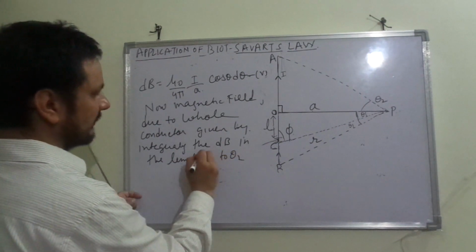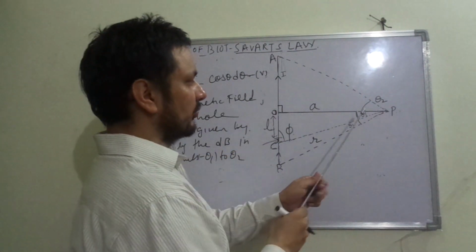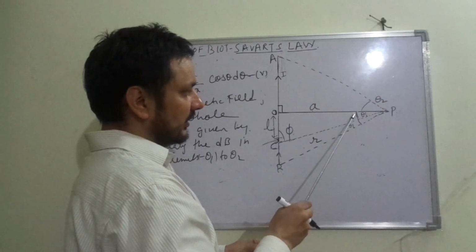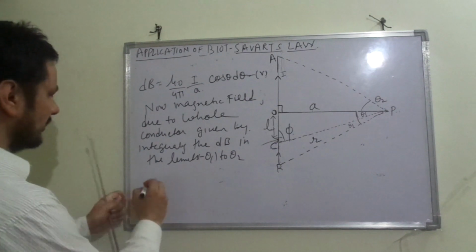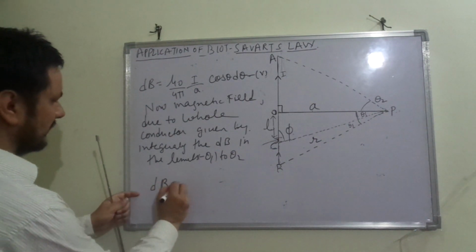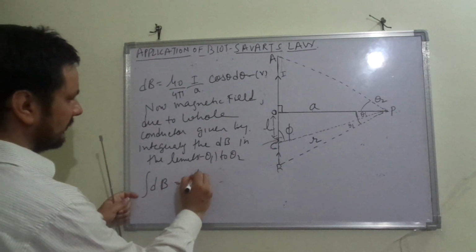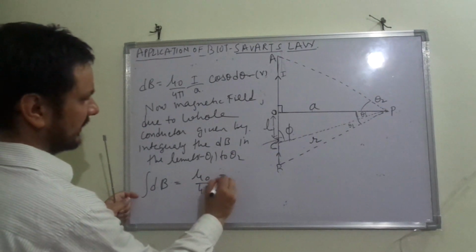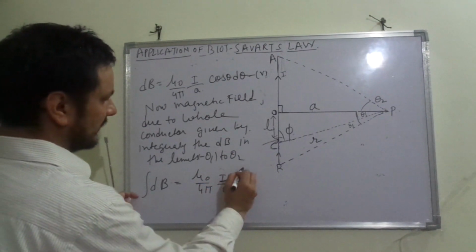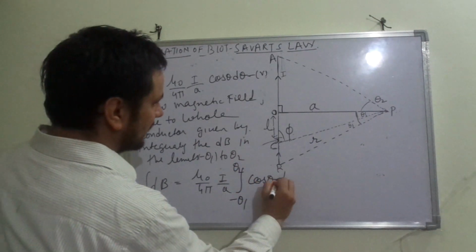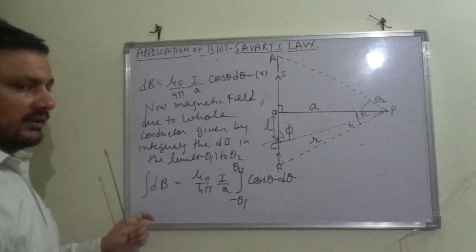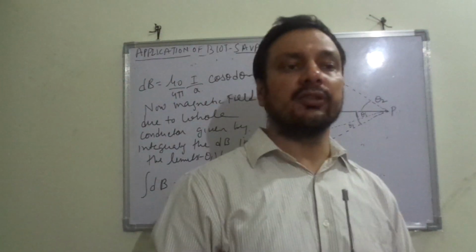Here we take minus theta 1 according to sign convention, since it is going this side. So by integrating we have mu naught upon 4 pi I upon A, from minus theta 1 to theta 2 cos theta d theta. And what is the integration of cos theta? That is sin theta.